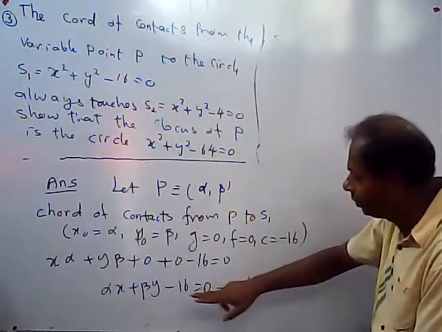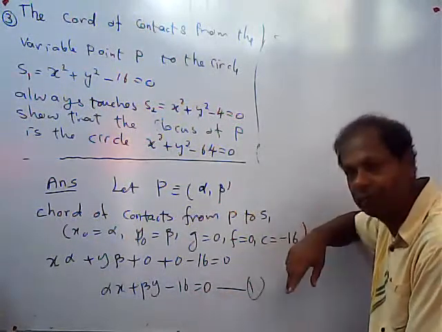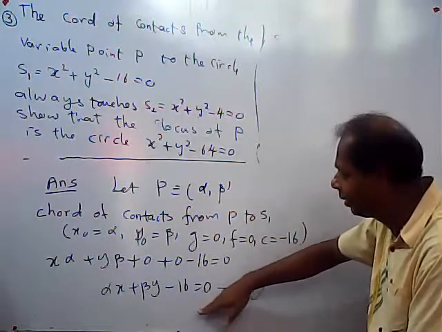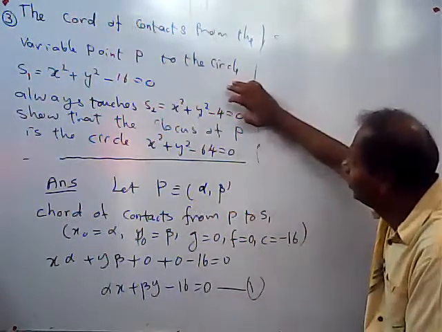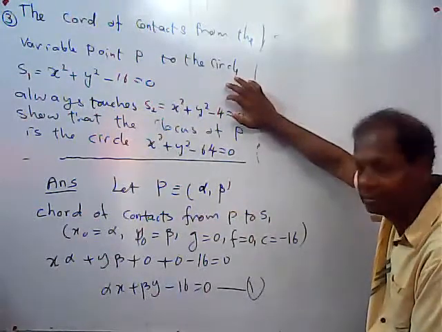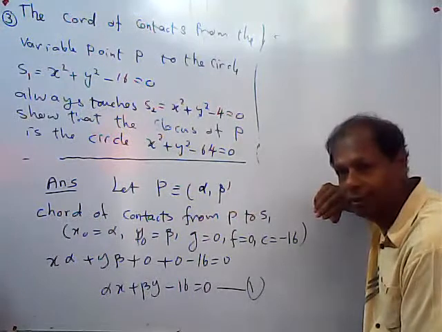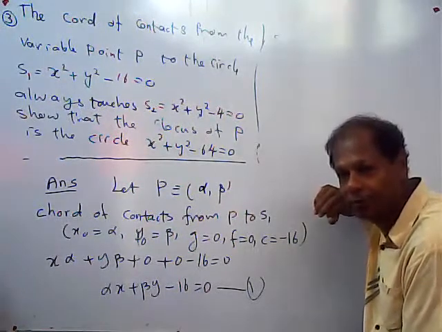The requirement is that this straight line, whether it is a tangent or a chord of contact, should touch this circle, be in contact with this circle. How do we use that?